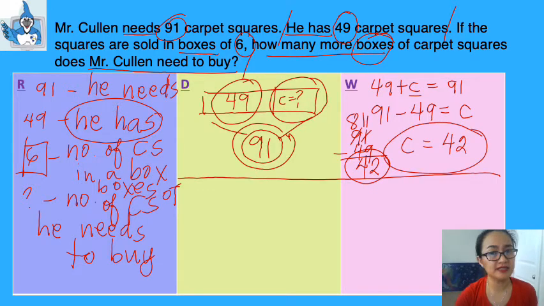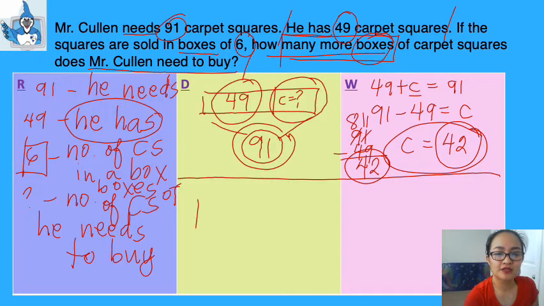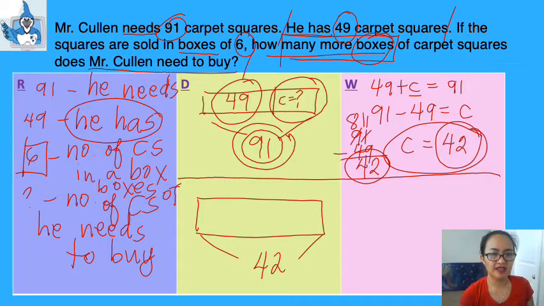But this is not the answer because it's not asking how many carpet squares. It's asking how many more boxes. So that means if I have 42 carpet squares, how many boxes will there be? So now this is going to help us, a tape diagram. You know that your total is 42 carpet squares. You also know that in one box, it has 6 carpet squares.